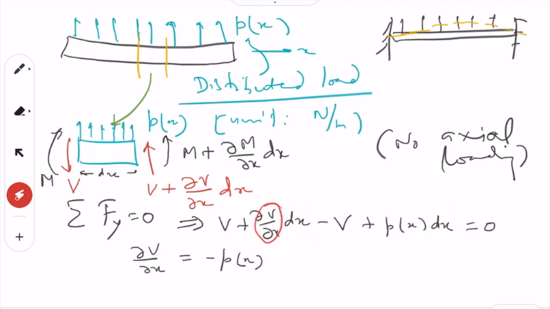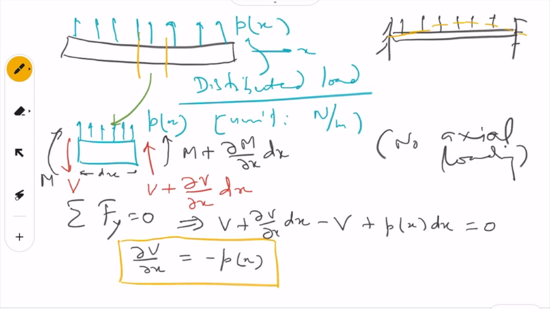So we get dV over dx plus Px equal to 0, hence dV over dx equals minus Px. This is one equation we get out of it. Let us call it equation 1.